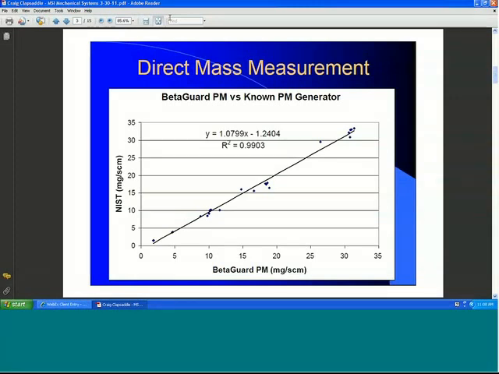And when you plotted up that data and you compared the two and did a correlation, we got almost a 1-to-1 correlation with a very strong R-squared. So that's what it means that the BetaGuard gives you a direct mass measurement of particulate concentration. Next slide.